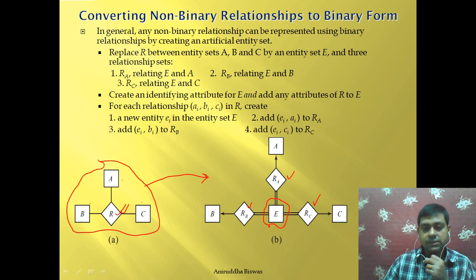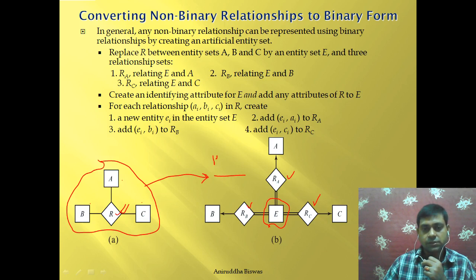This E entity will be totally participating in three new relationships, RA, connecting E with entity A, and RB and RC, connecting E with entities B and C. So the intermediary relationships are RA, RB and RC. This is the conversion from a ternary relationship into a binary one.